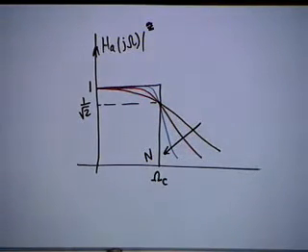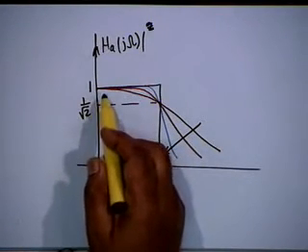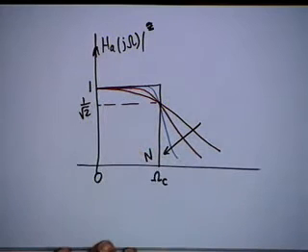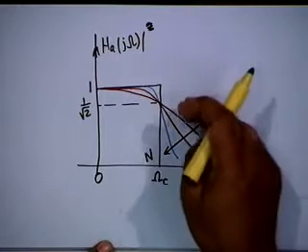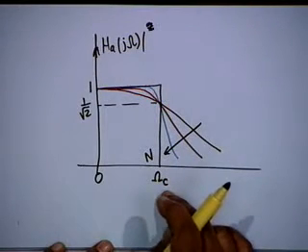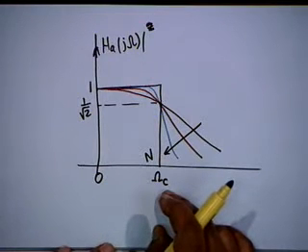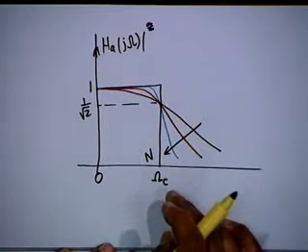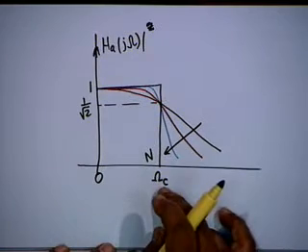That is, as you increase the order of the filter, all of them have the same originating point, omega equal to 0, and the value is 1, all right, and the same end of the pass band. We are calling the pass band as the 3 dB frequency, omega sub c.